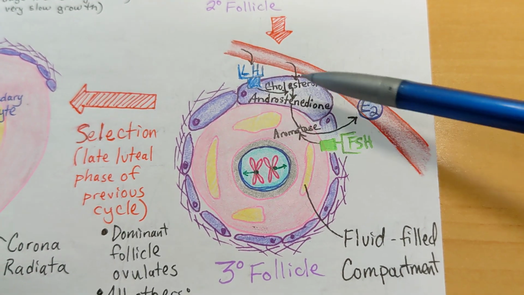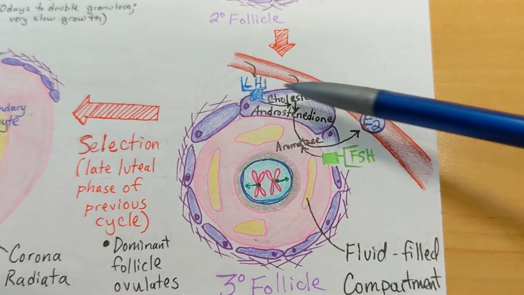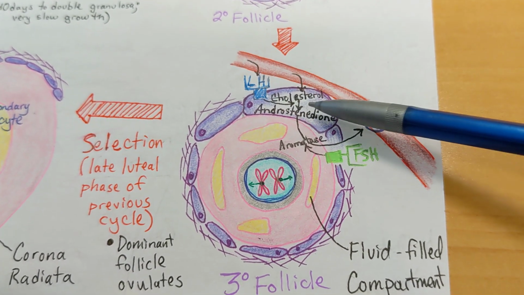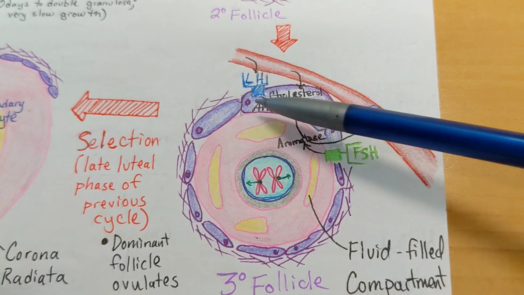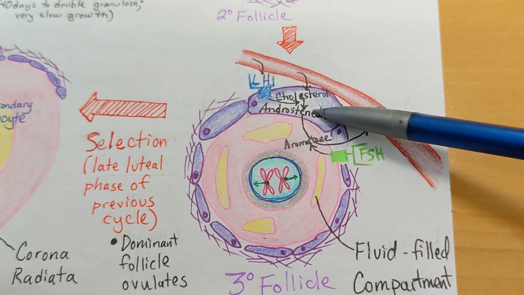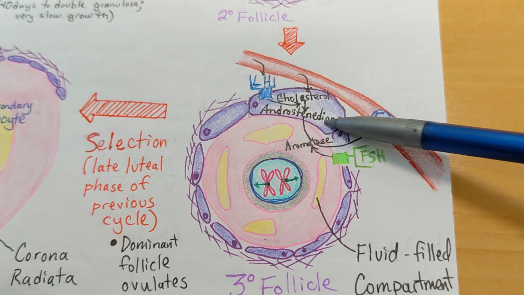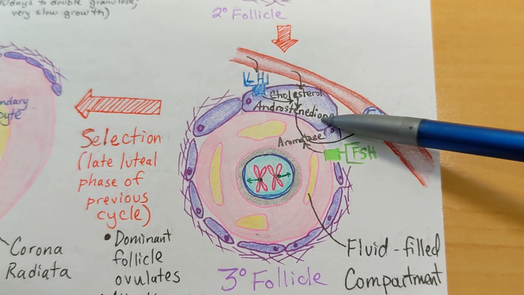Okay? So again, because the blood is so close to these thecal cells, cholesterol can easily pass into these cells, and LH turns on the expression of different genes in this steroidogenic pathway, converting cholesterol into androstenedione. And so this is an androgen.